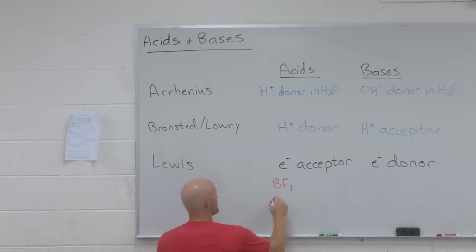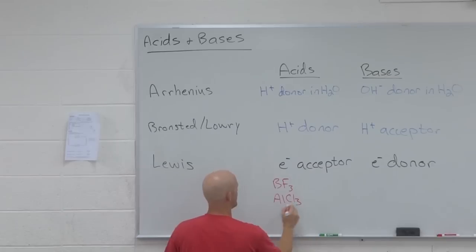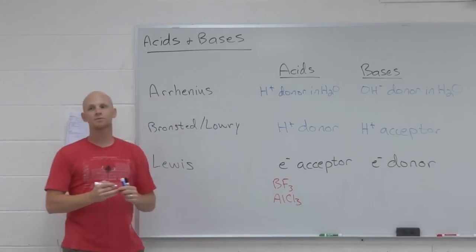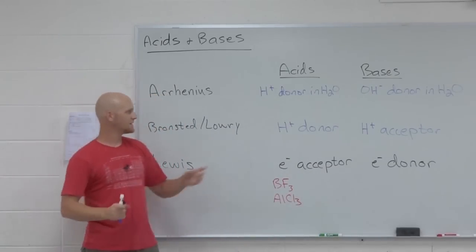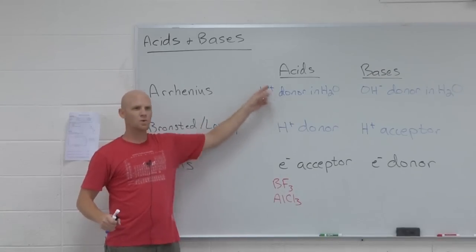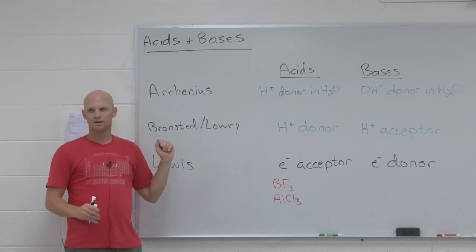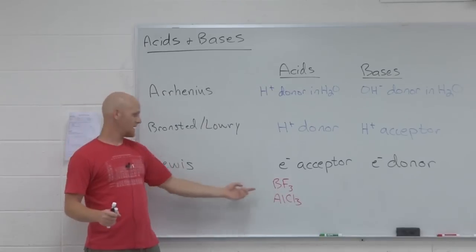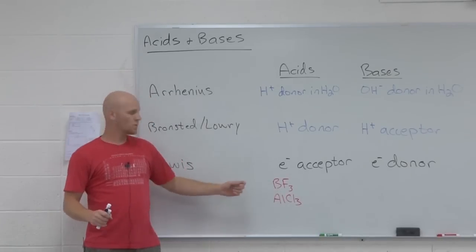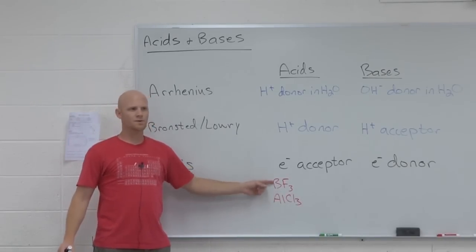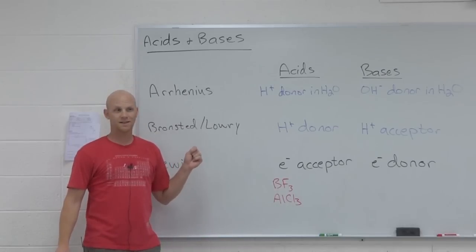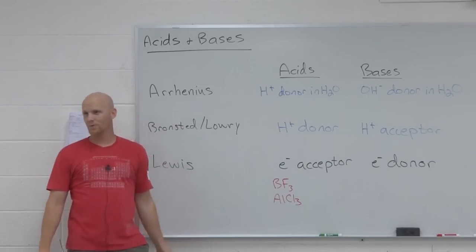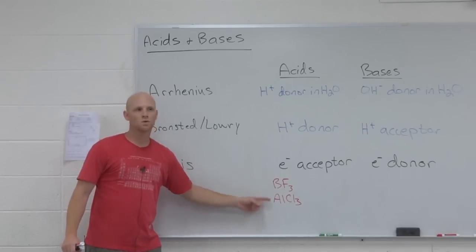BF3, or maybe AlCl3. Those are 2 good examples of Lewis acids. But why can't they satisfy either the Arrhenius or the Bronsted-Lowry definition? They don't have H+. There's no hydrogens. How can they donate hydrogen? What rule are boron and aluminum infamous for breaking, for violating? Octet rule. And they have an empty p orbital.